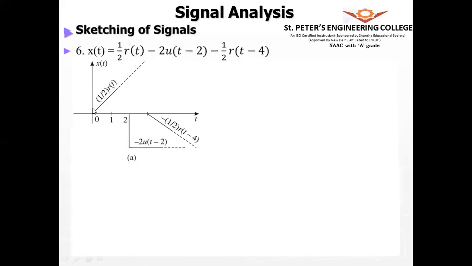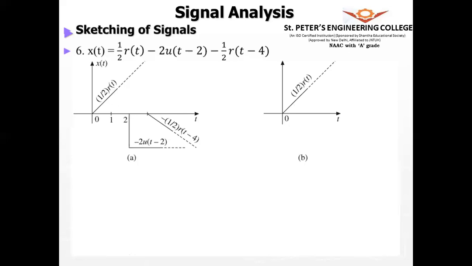All right. At t equals 0, this half into r of t exists. So this starts and continues up to t equals 2. At t equals 2, there is another signal, a unit step signal, that comes, but its amplitude is minus 2. Now this is continuing with a slope of half. So what will be the amplitude at t equals 2?